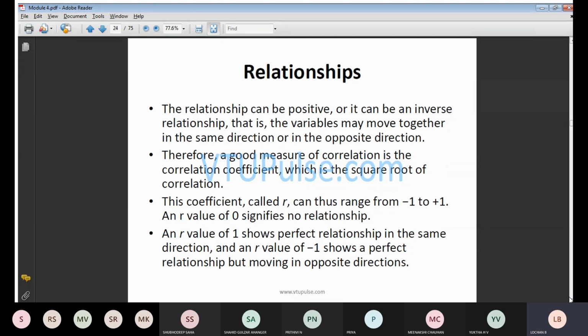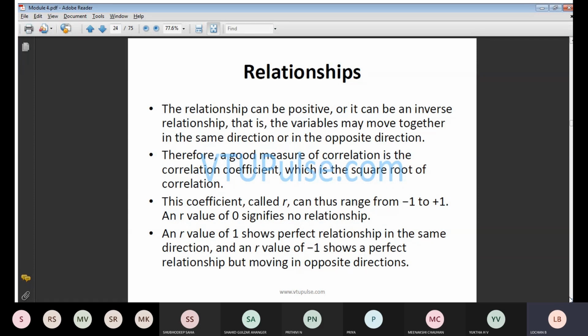The relationship can be positive or it can be an inverse relationship. So the variables can move together in the same direction or in the opposite direction. In this particular case also, we will give a range from -1 to +1. If the value of r is 1, we say it is in the same direction.